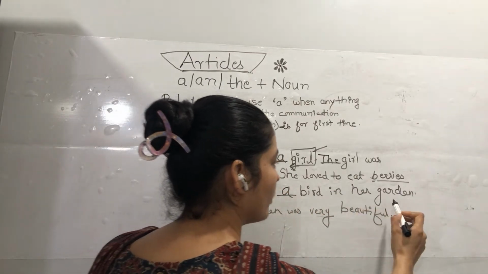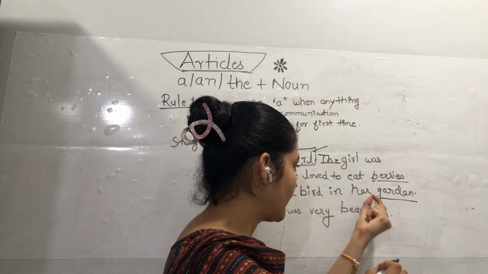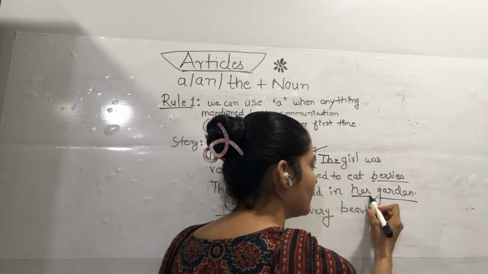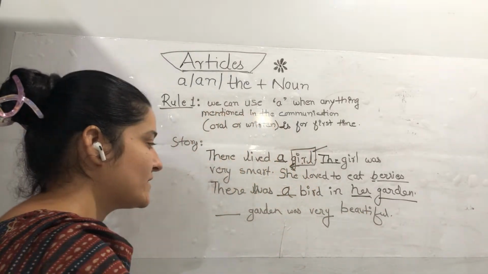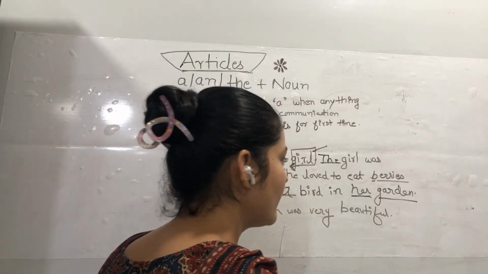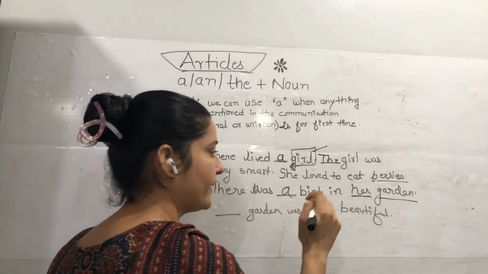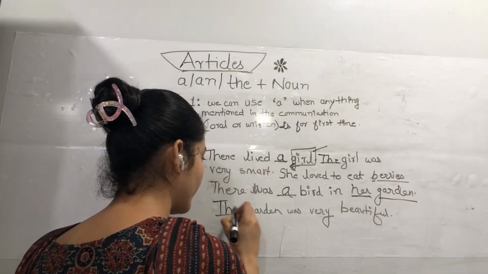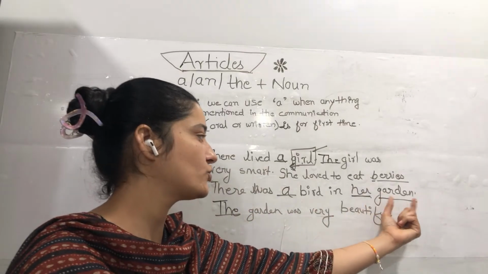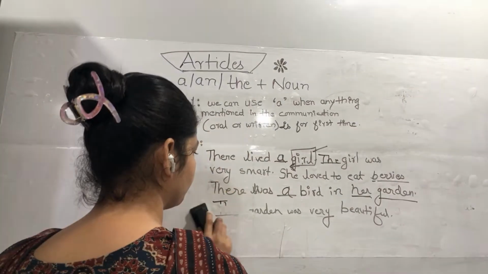Now, I have already mentioned this garden. Why haven't I used the garden here? Because this is a possessive determiner, so it's not necessary to use the with that. Dash garden was very beautiful. The garden, because it is already mentioned, the garden where that girl lived.